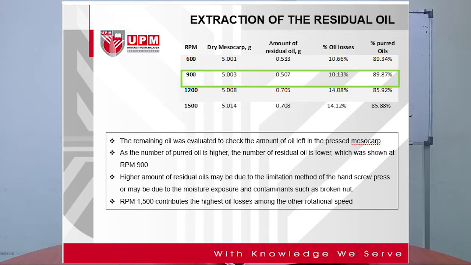The pressed mesocarp is evaluated for the amount of residual oil in the system. As shown from the results, the amount of residual oil is lowest at RPM 900 and the highest residual oil is at RPM 1500 due to the contamination of the broken nut in the nut separator system.